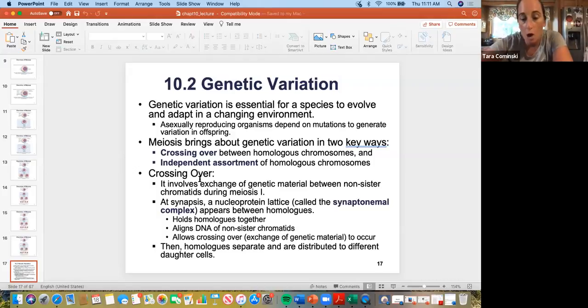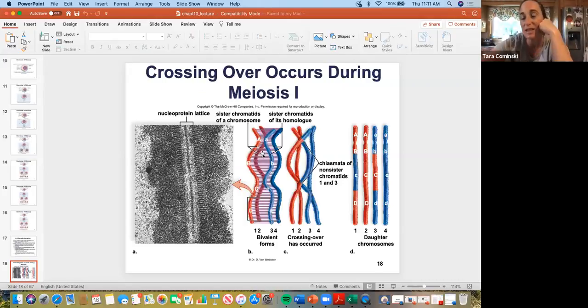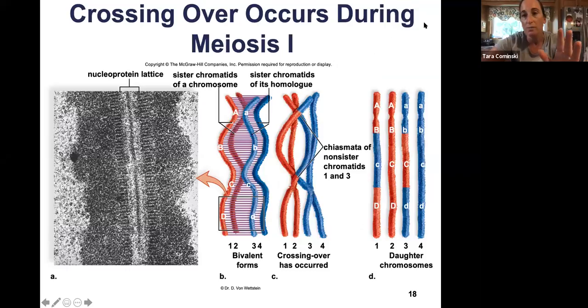So for crossing over, basically you just have the homologous pairs line up with one another. So again, during prophase 1, these homologous pairs line up with one another. And I told you during the recording, you don't need to know about the nucleoprotein lattice or anything like that. But basically the way they line up is that there are certain proteins that help provide a framework for them to line up exactly.